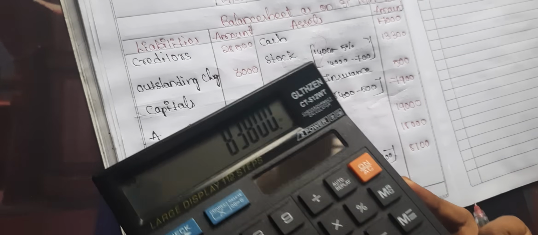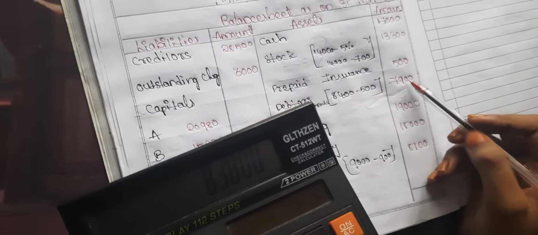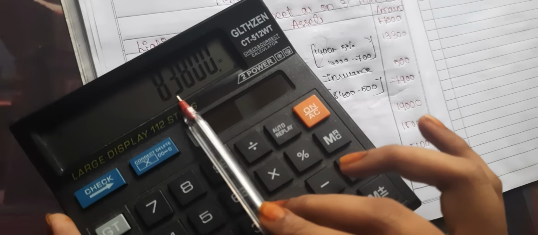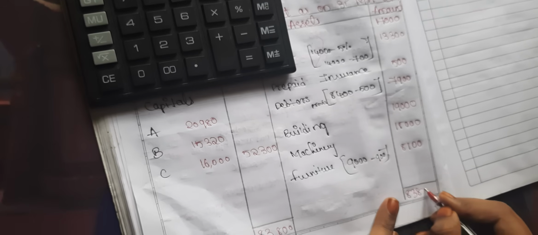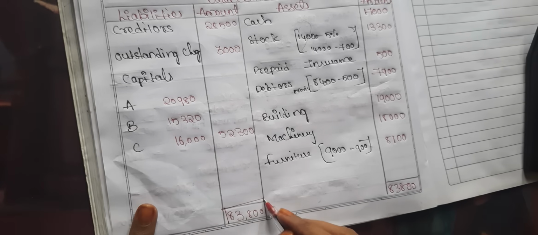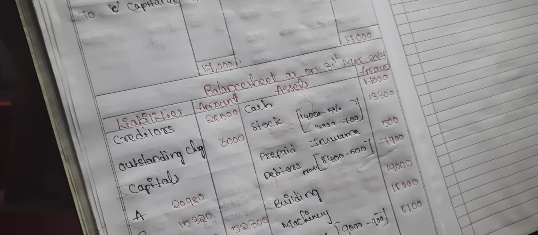Yes, done. While we were entering, I think we had taken some other number instead of the particular numbers. So we got 83,800. Did we get the same on both sides? Yes, both sides got tallied. So our answer is perfectly correct.